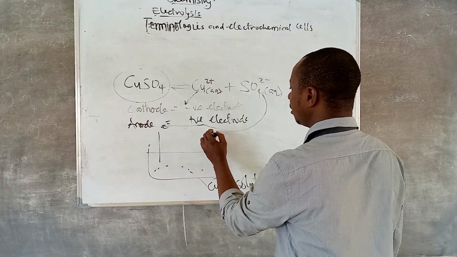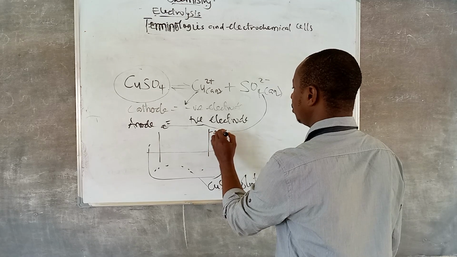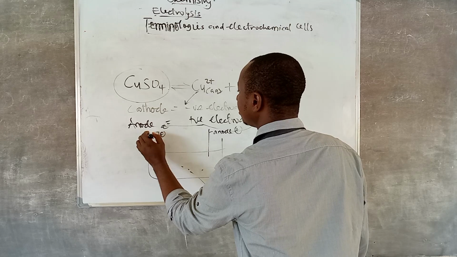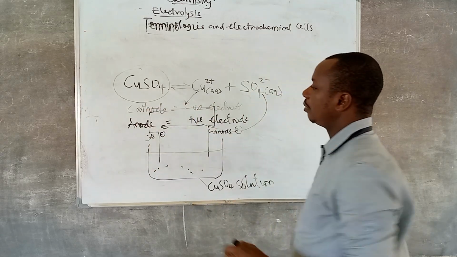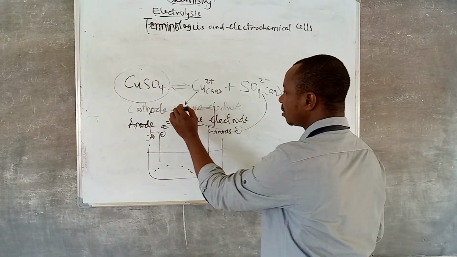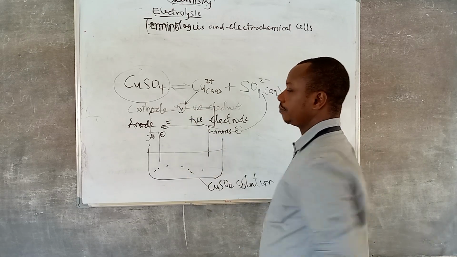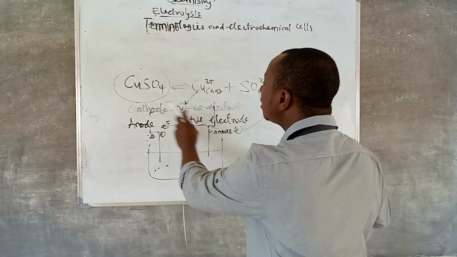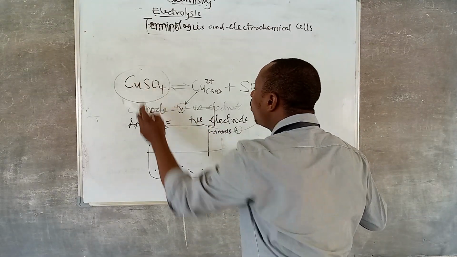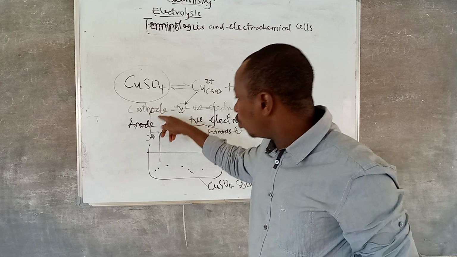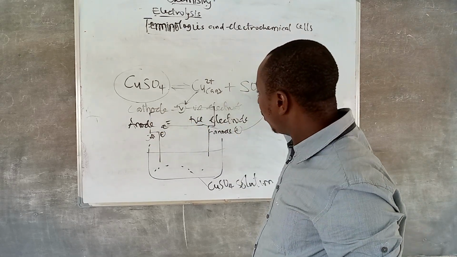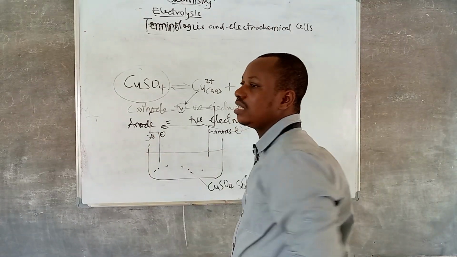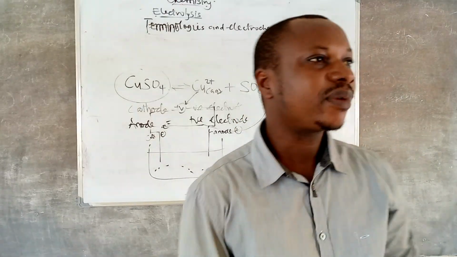Let me say this is the anode, which is positive, and this is the cathode, which is negative. So this is the current. This is just how it is, which means this copper will be deposited at the cathode, while the tetraoxosulphate(VI) ion will be deposited at the anode. This is just an example of an electrolytic cell.